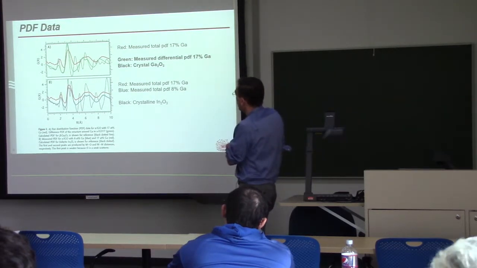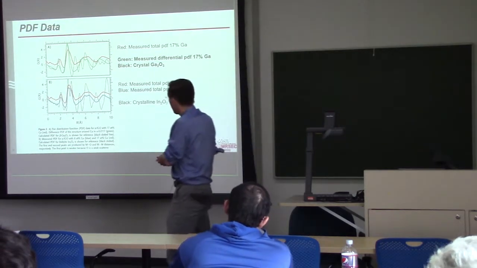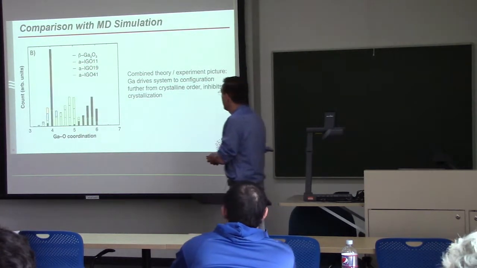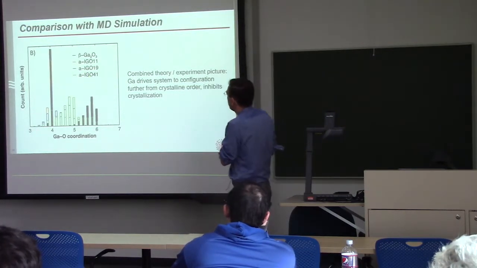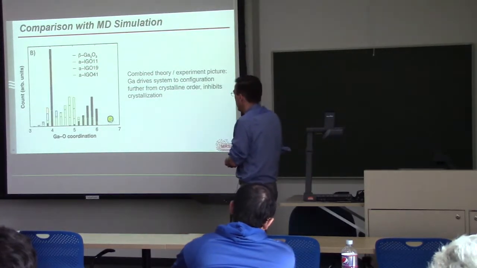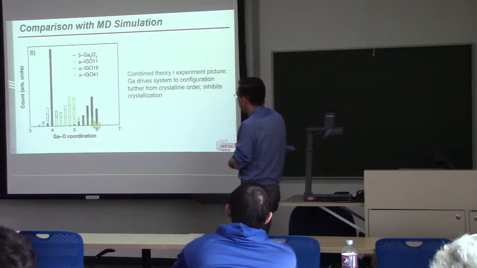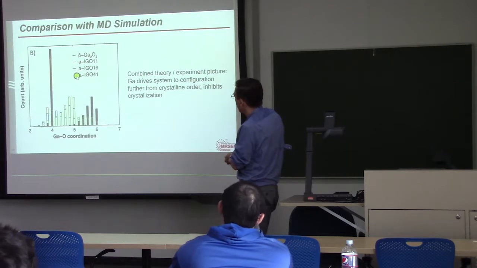So if you go back and match this pair distribution function with a molecular dynamics simulation, here's what the simulation shows you. It's a little bit hard to see, but this is the gallium-oxygen coordination that matches the PDF. If you look carefully, the green here is the highest gallium concentration.